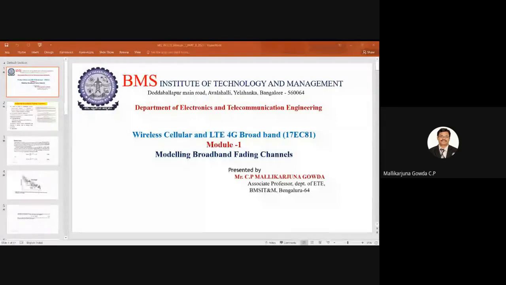Okay, so with this basic understanding and revision of these parameters, let me take up the next topic, that is modeling broadband fading channels.